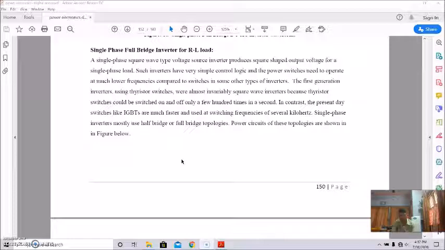The basic operation sequence I have already discussed. A single phase square wave voltage source inverter, as I told you, produces a square shaped output voltage for a single phase load. Such inverters have very simple control logic, and the power switches need to operate at much lower frequencies compared to switches in some other types of inverters.